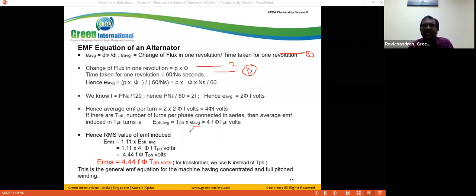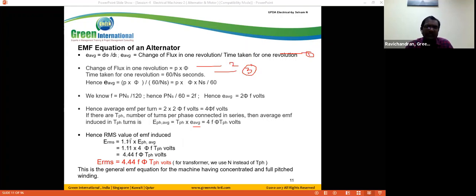In AC systems we use RMS quantities. We say 440 volts, 230 volts, 11 kV, 66 kV, and all of these refer to RMS quantities. The average value is converted to RMS value by using the form factor 1.11.